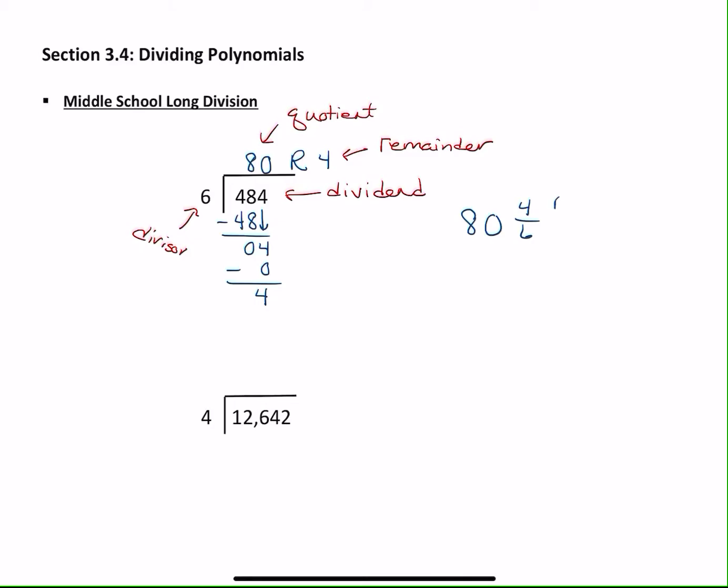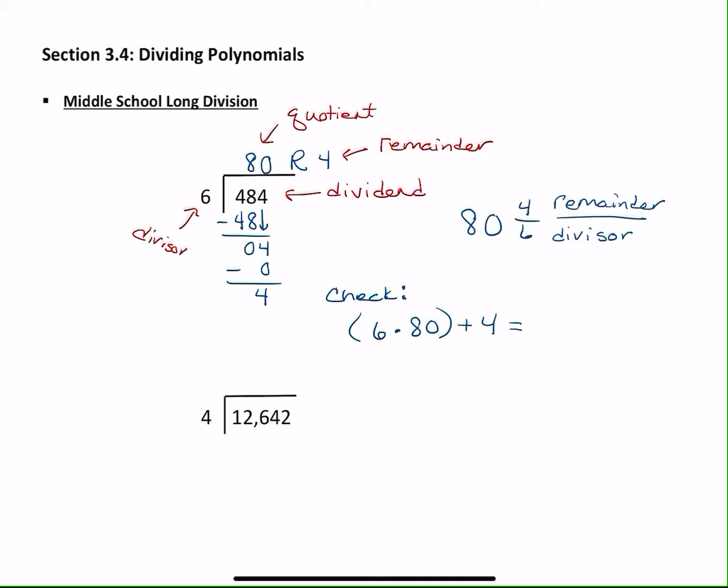So your remainder divided by the divisor. And that would reduce to 2/3, but I'm not concerned about that right now. What you need to do is make sure that if you check this, your divisor times the quotient plus the remainder should equal your dividend.